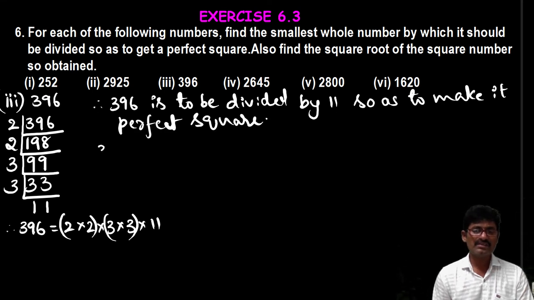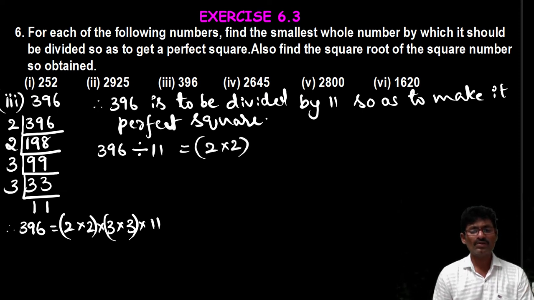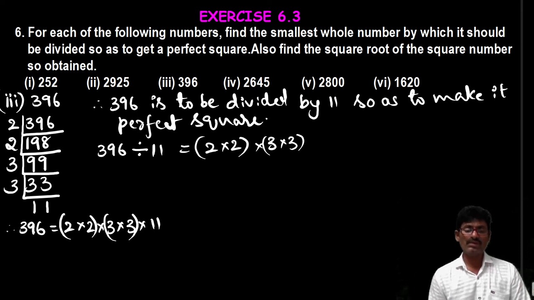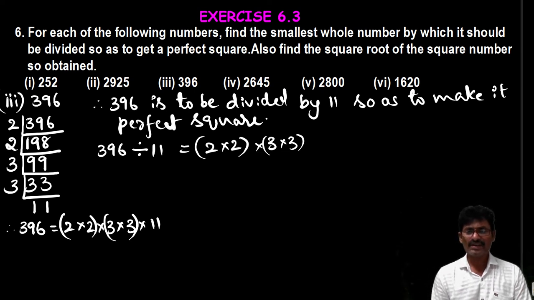So let us divide. So 396 divided by 11 will be equal to 2 into 2 into 3 into 3, not into 11. Why? Because we divided this number by 11, so it will be cancelled. So don't write 11 here.